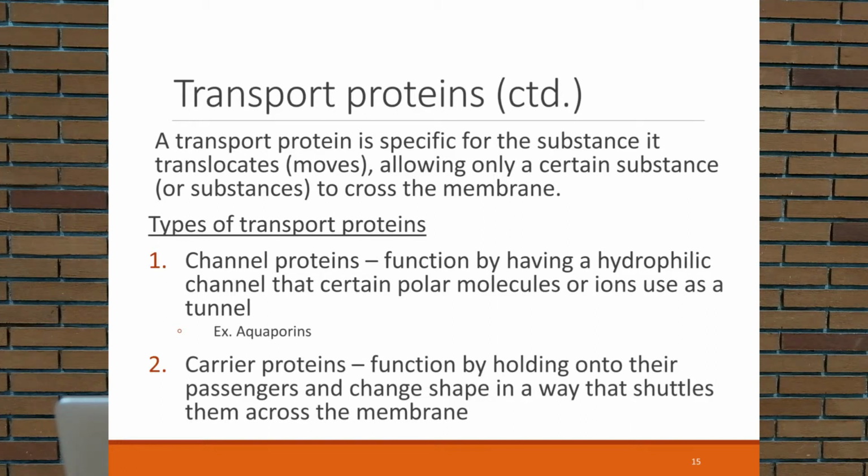So they hold the substance which they will pass through the cell membrane. And it can also change shape in a way that shuttles them across the membrane. So if a channel protein can only close or open, the carrier protein can hold the substance and change shape in a way that shuttles the substance and helps it cross the membrane.